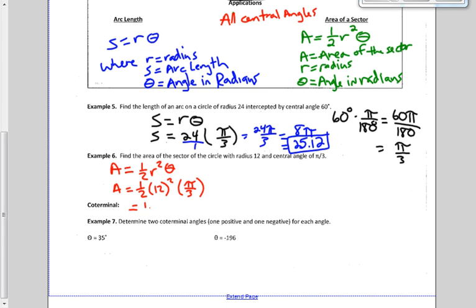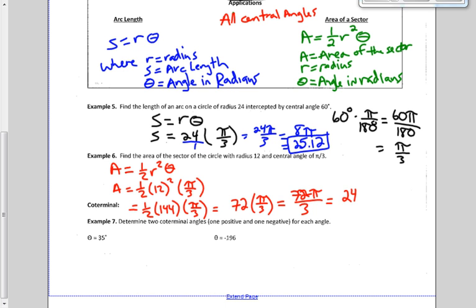So this is 1/2 times 144 times pi over 3. Half of 144 is 72. I can reduce, let me do this first, 72 pi over 3. I can reduce 72 by 3. 3 goes into 7 2 times. 3 goes into 12 4 times.